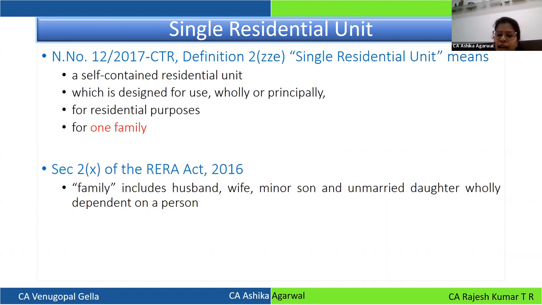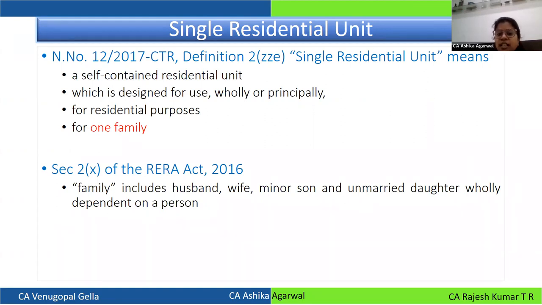Now, if that family lives together and has constructed a first floor and second floor, will it be considered a single residential unit? Because here it says one family, and the word family has not been defined under GST. Now, what should be considered?